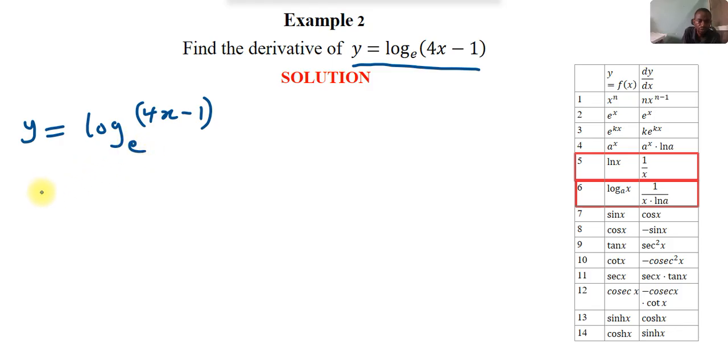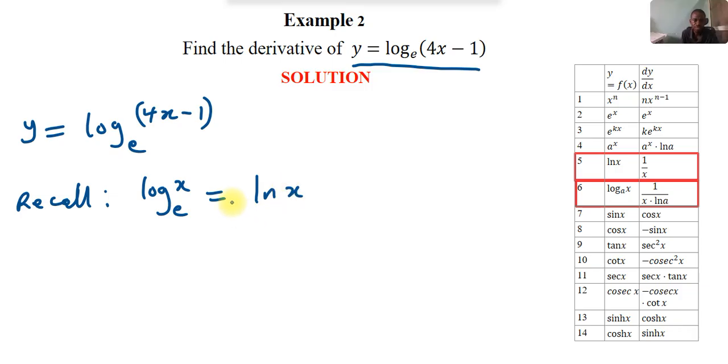Now you should not forget, you should recall that log x base e is still the same thing as ln x.